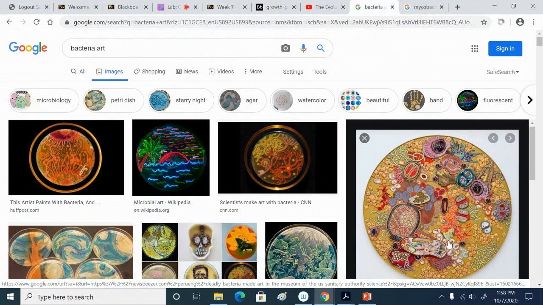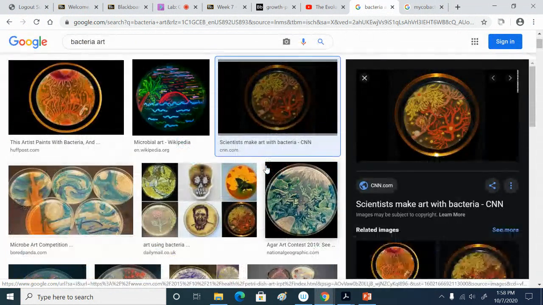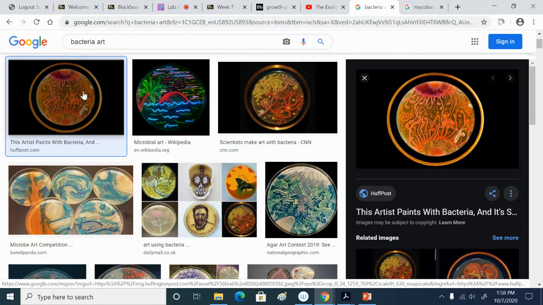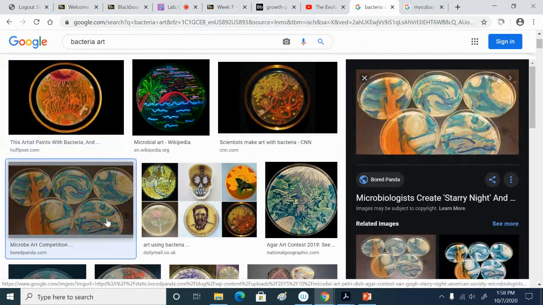You can make art. So these are images of pigmented bacteria growing on agar plates. And they actually have competitions where people draw the bacteria and let them grow, and then they produce all these amazing looking works of art using bacteria.